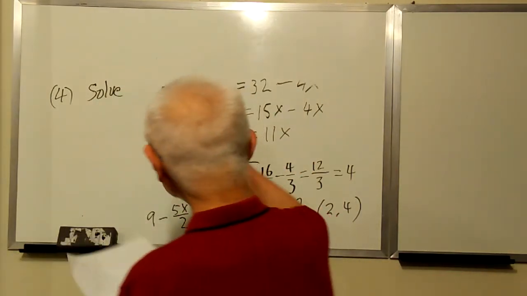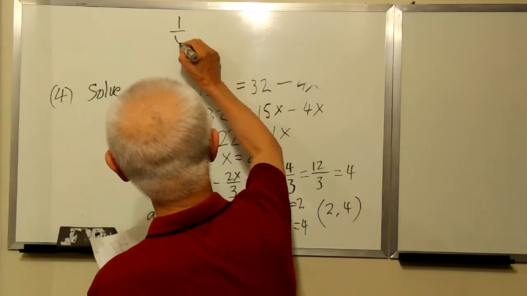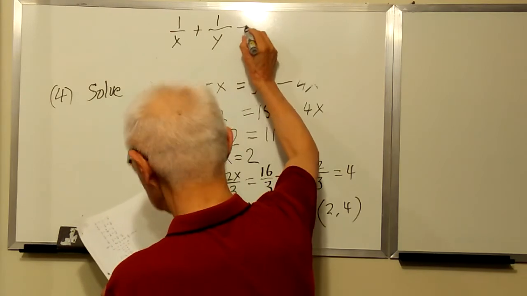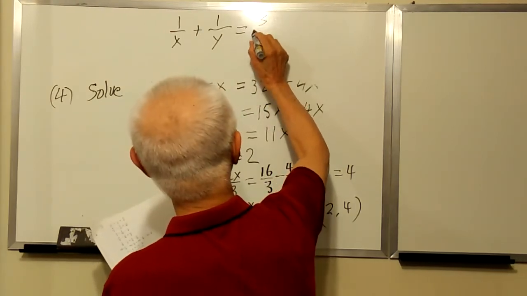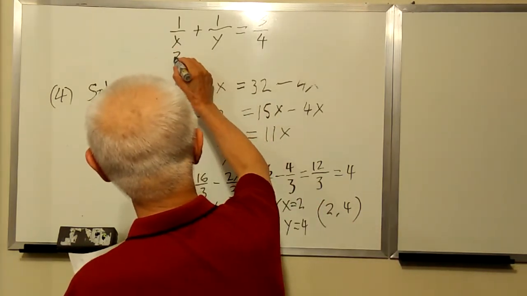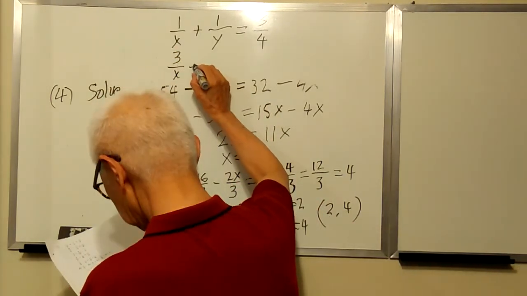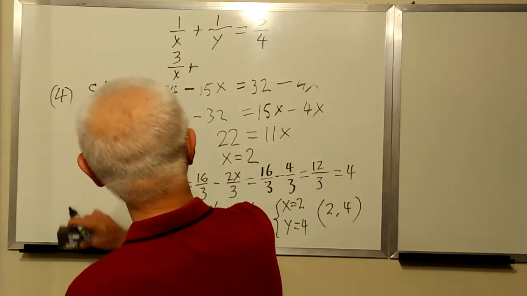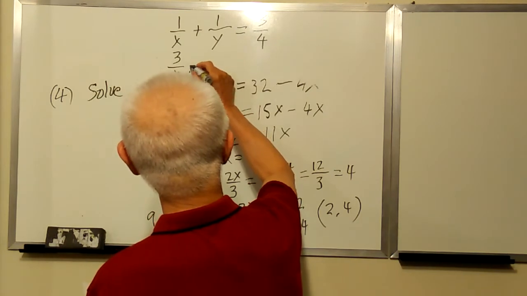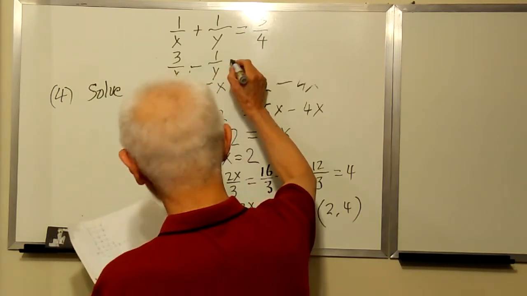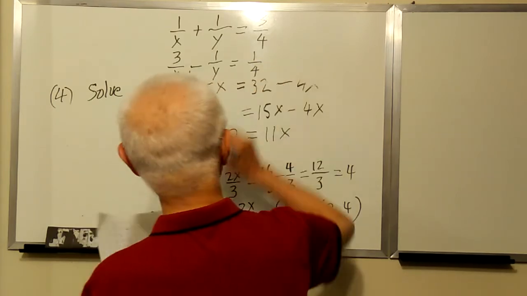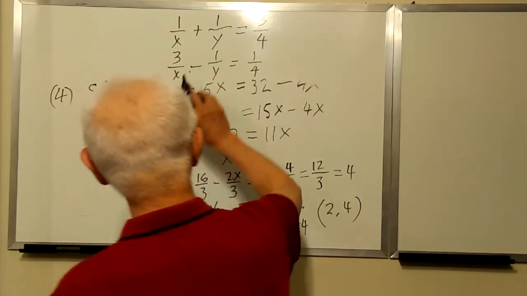The question given is 1 over x plus 1 over y is equal to 3 over 4. 3 over x minus 1 over y is equal to 1 over 4.